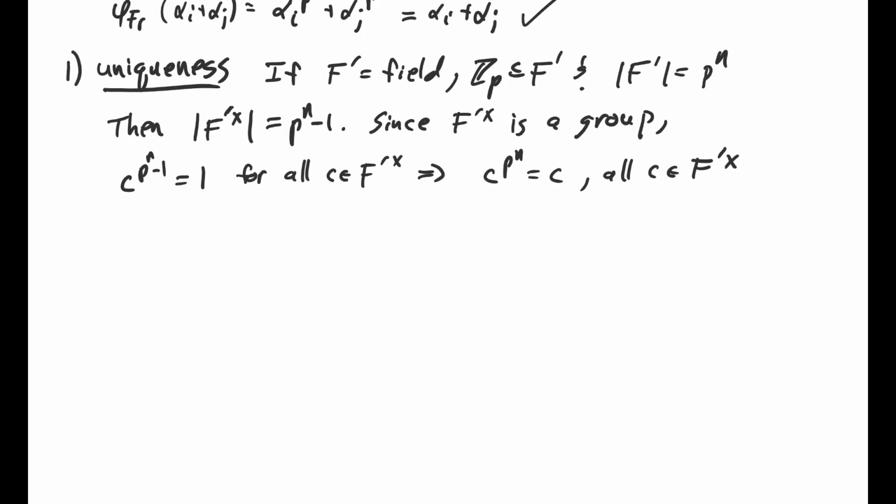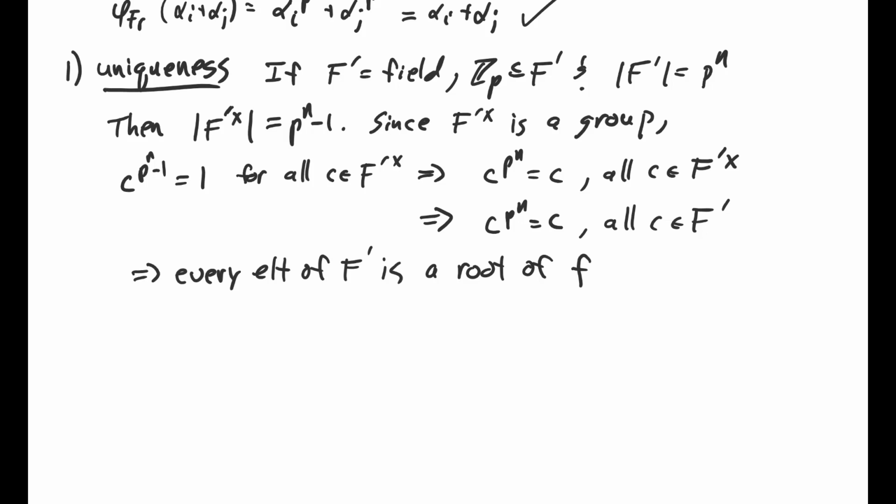So multiplying both sides by c, c to the p to the n is always c for all c in F prime cross. And then the only element left out was 0. 0 obviously satisfies that equation as well. So in fact, for every element in F prime, c to the p to the n is equal to c.